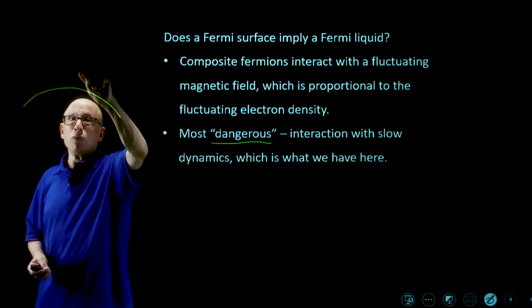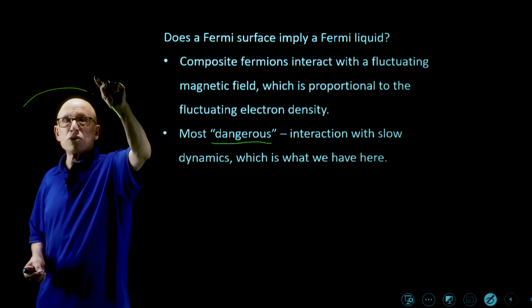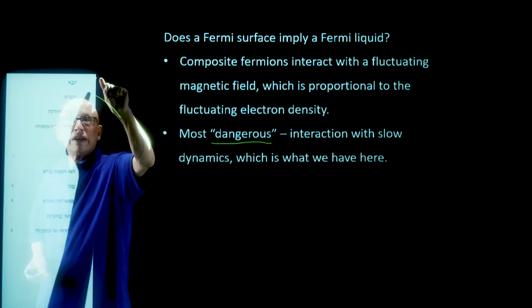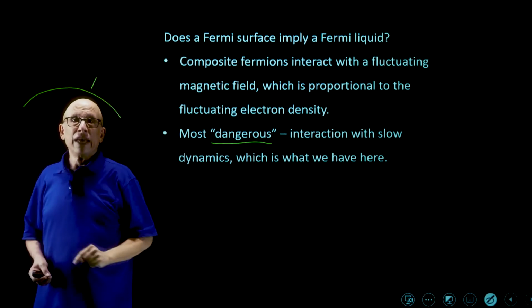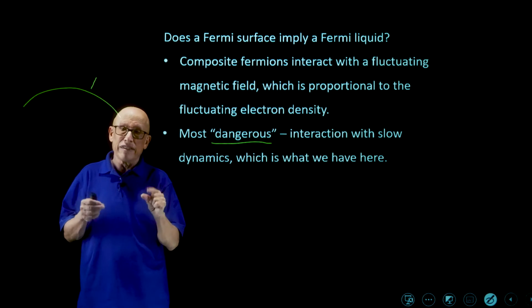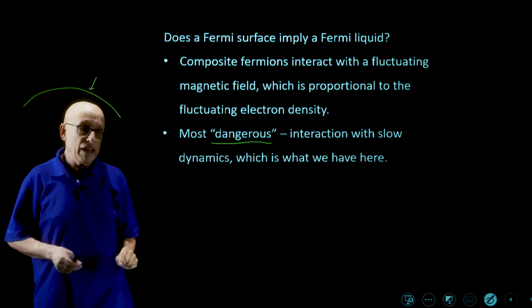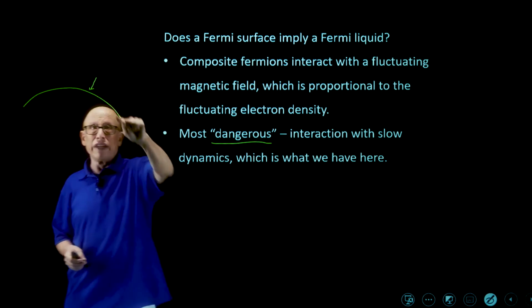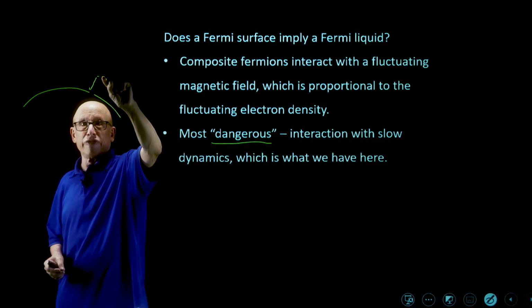Usually, we base our Fermi liquid theory on the assumption that the relaxation rate gets smaller and smaller as we approach the Fermi surface. So this is a fermion at some energy above the Fermi surface. This is the Fermi surface.